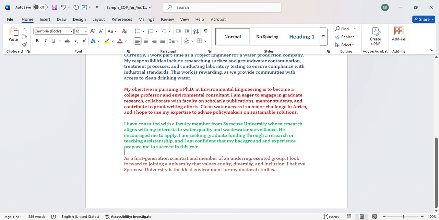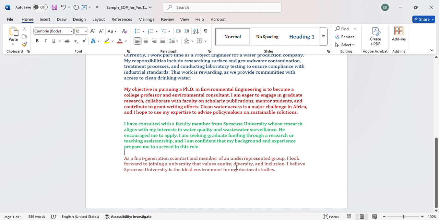So this is a strong conclusion. I said I'm a first generation scientist. What that means is that I'm the first in my family to pursue higher education and a research career. I'm also from an underrepresented group, and I think the school is also focused on equity, diversity, and inclusion.